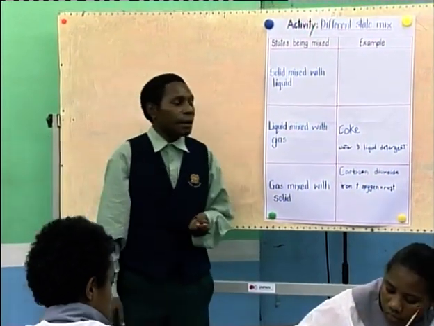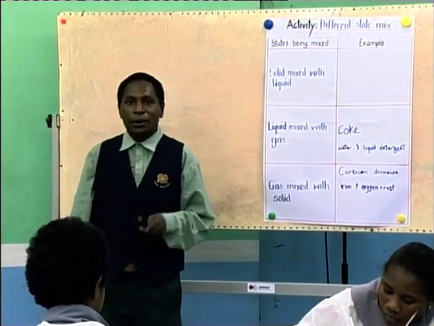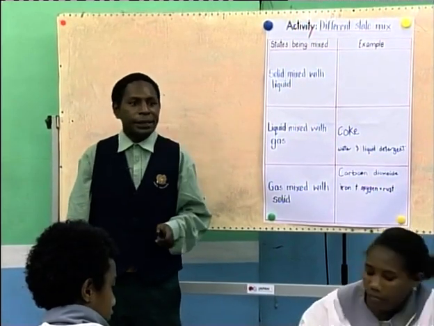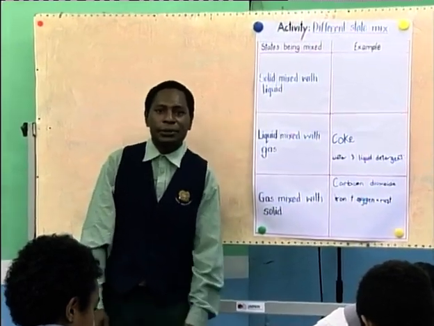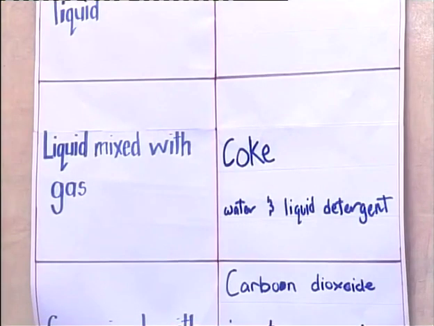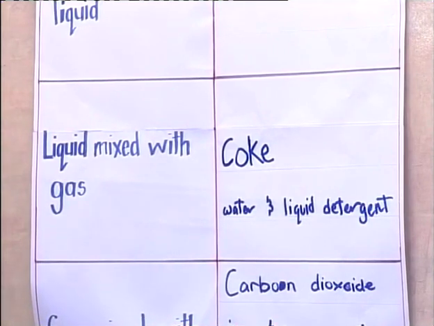So the gas carbon dioxide is contained a little bit in the Coke that you drink. And water and liquid detergent contain some gases in there as well. Now those gases are contained in there.